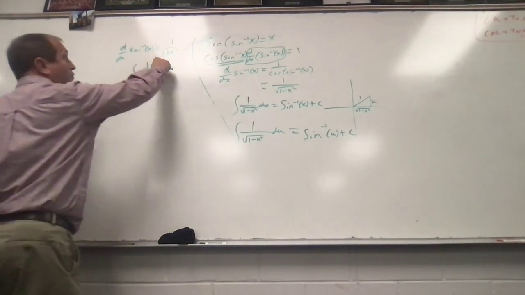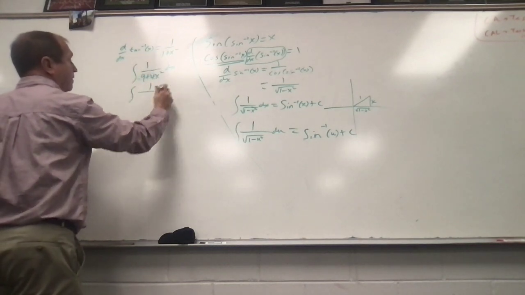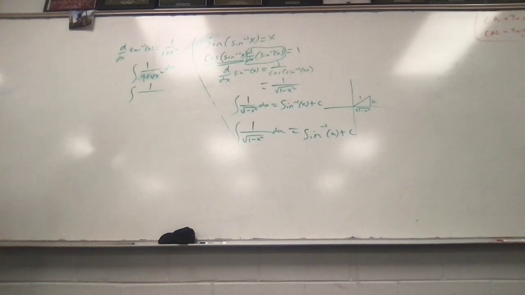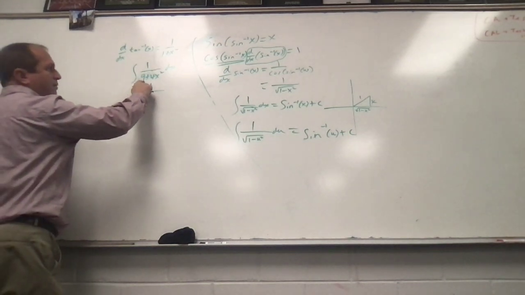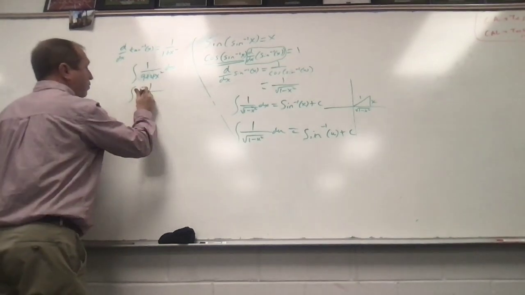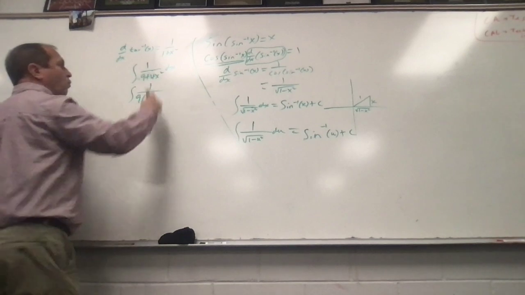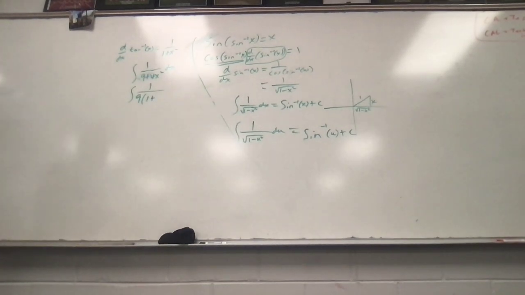But I do need it in the form of 1 plus something. So what do I need to do to make this become that? Factor out a 9, right? Okay. So I have 1 plus, and what do I get when I factor 9 out of 4x squared? 2x over 3.